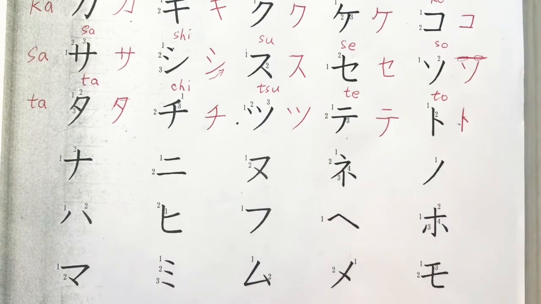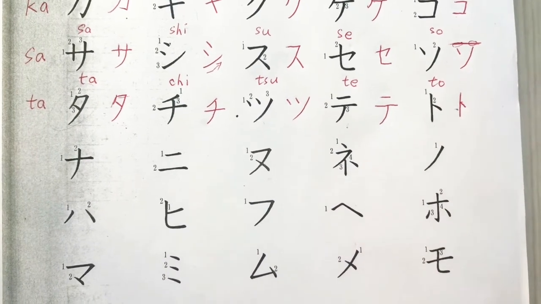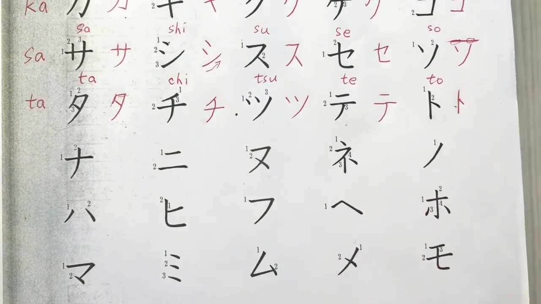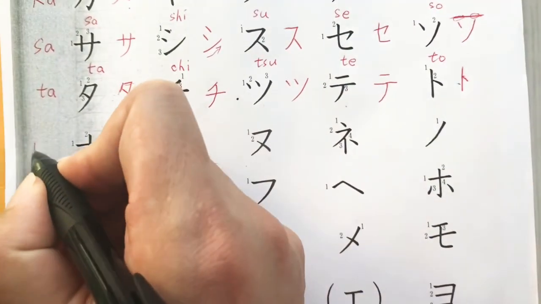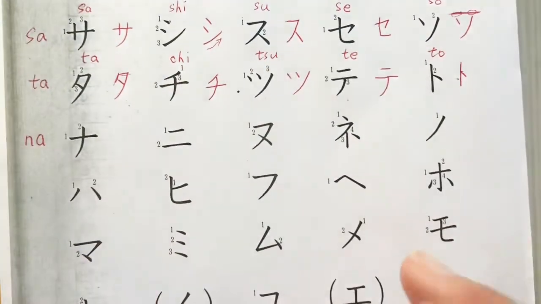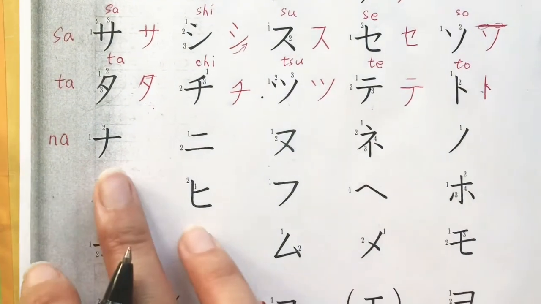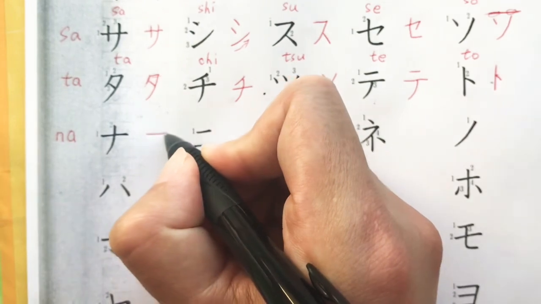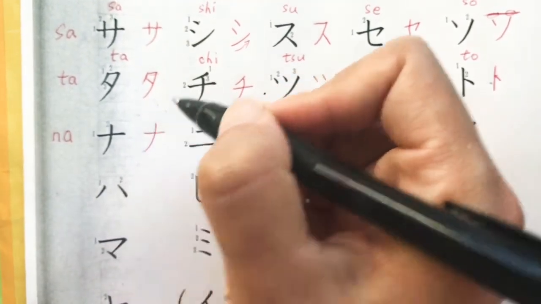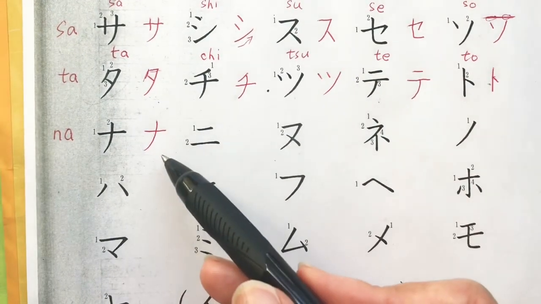Okay, now the last line of this video, the na line. Okay, now the first one, also 2 steps. Na, 1, 2. Na.